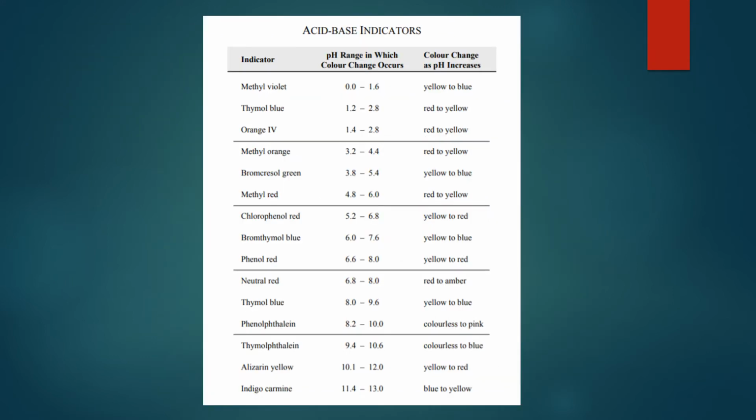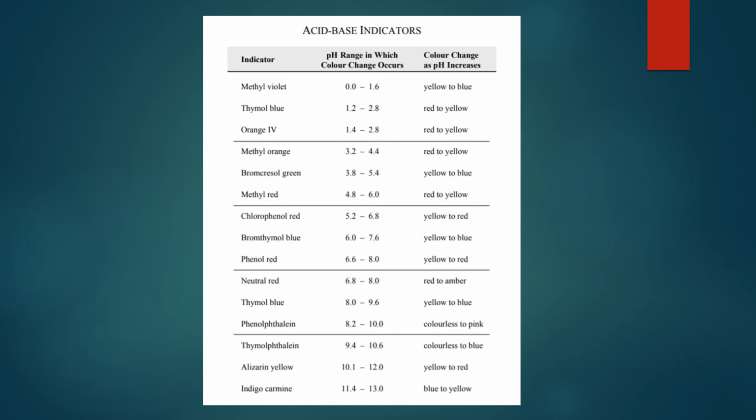So this is the table that I was referencing earlier. It's one more table that you can learn in your data table booklet. And this acid-base indicator chart tells you all about the different types of indicators and the pH range in which the color change occurs. So you can see methyl violet changes color in acidic conditions.